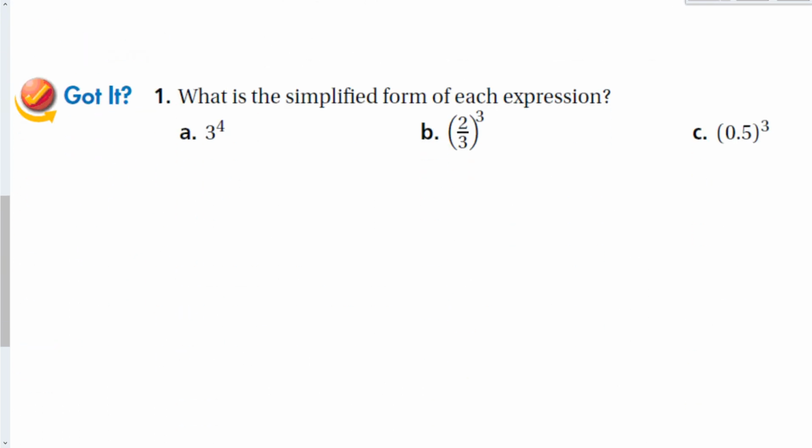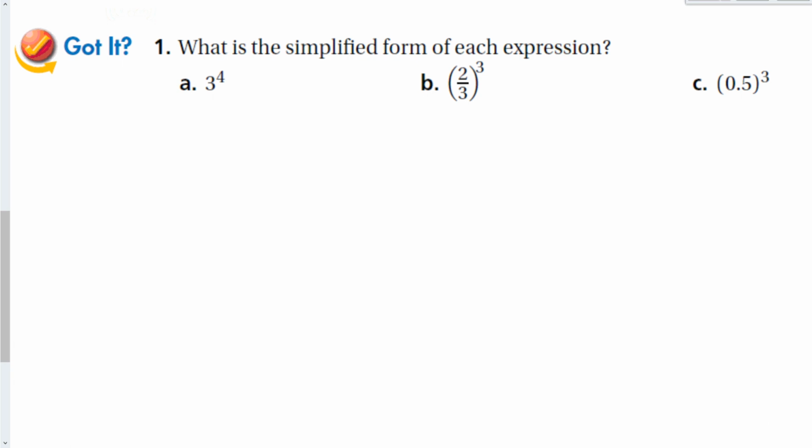some got it problems. Okay. So 3 to the 4th power. Again, we're going to multiply these things 4 times. So that's going to be 3 times 3 times 3 times 3. So we can do this step by step, right? 9 times 3 is 27, times 3 more is 81. Okay.